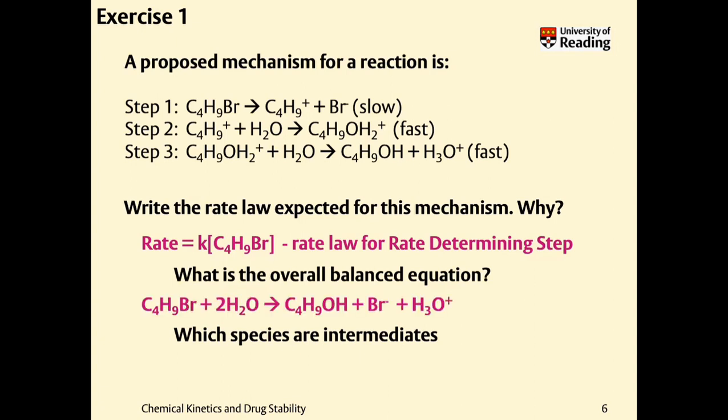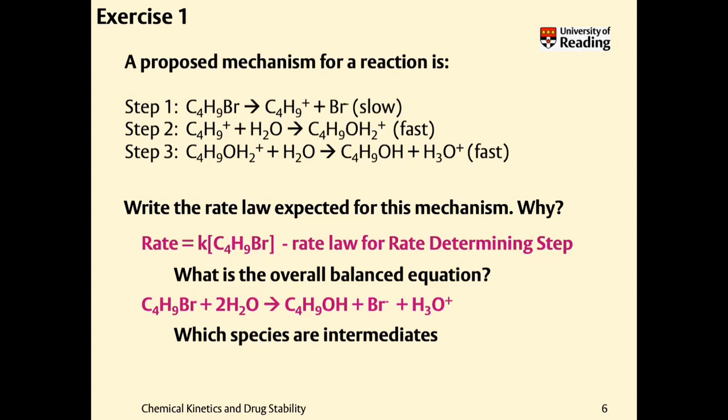Now, if you do that correctly, this is what you will get. You'll get that C4H9Br plus 2 water molecules goes to form C4H9OH, so that alcohol there, plus Br minus, a bromide ion, and H3O plus.